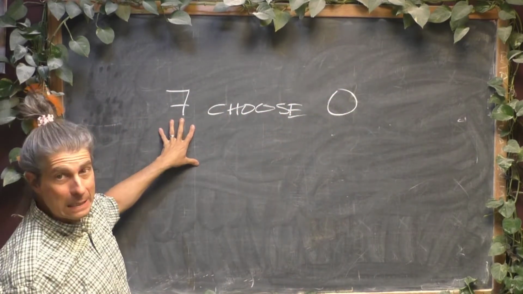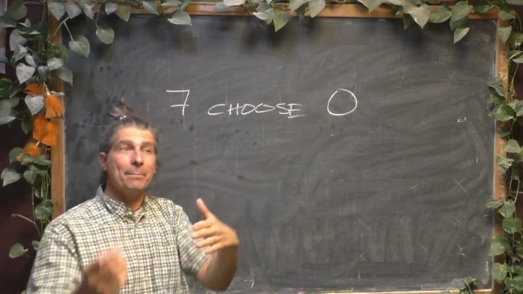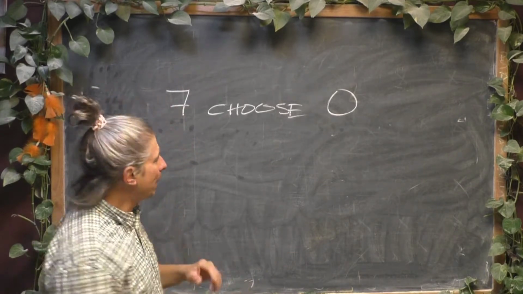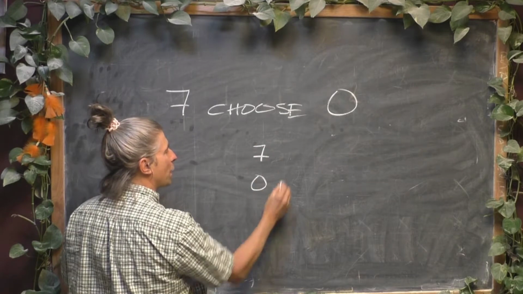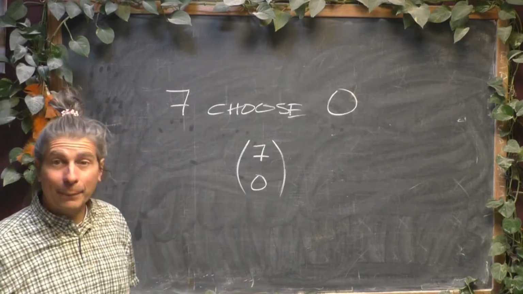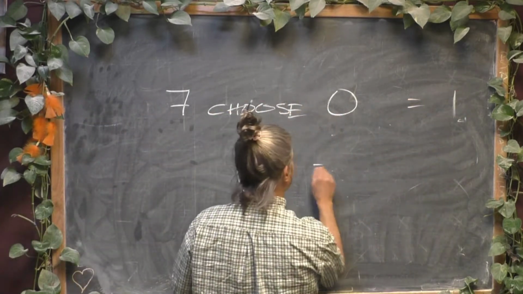So you have 7 things, and you're going to choose none of them. Mathematically, it also has a symbol that is sometimes used. I'm not sure how much it's used anymore, but you put 7 kind of floating over 0 and put parentheses around it. That's what I grew up learning. I'm not sure if it's still in favor or not. But both of these things equal 1.